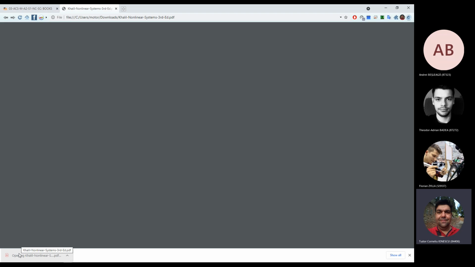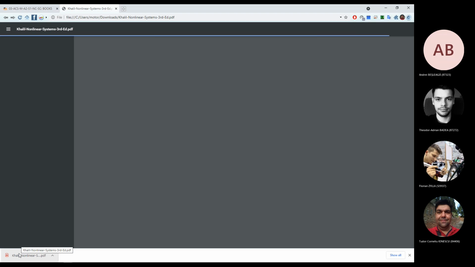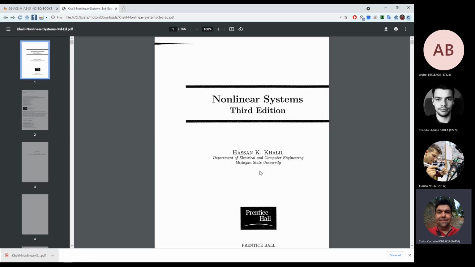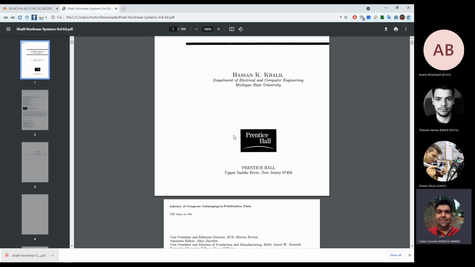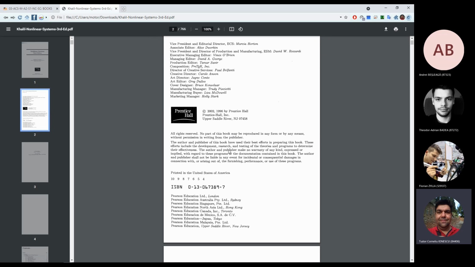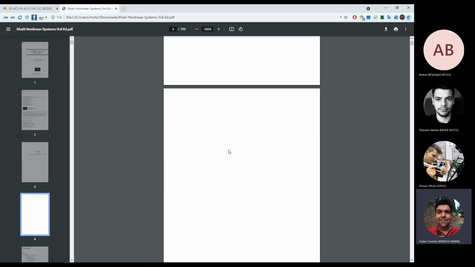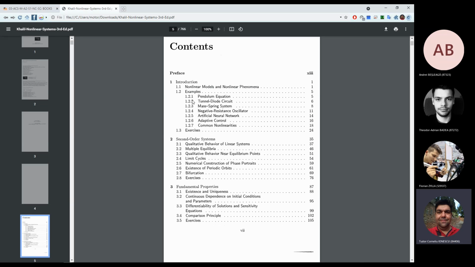So I'm going to try to open it for you. Okay, so this is Prentice Hall, Nonlinear Systems, 3rd edition. You see? Look, contents. Pendulum, tunnel diode circuit, mass spring. So this is the mechanical oscillator.